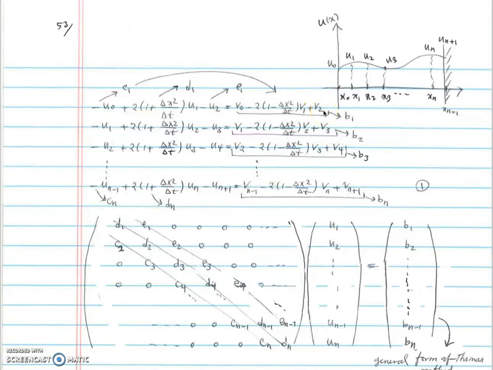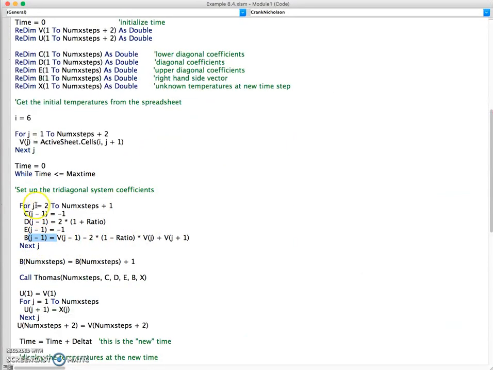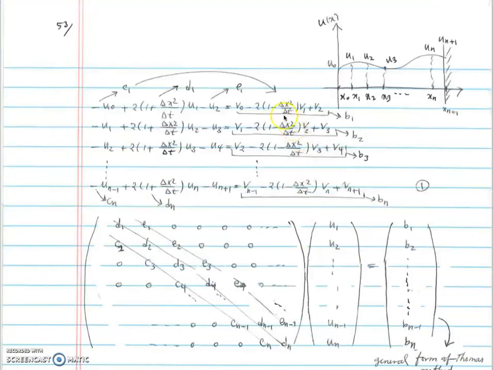Okay, I again incremented indices by 1. So let's look at here. When j is 2, the first index, then you get b1 equals v1 minus 2 times 1 minus ratio v2 plus v3. And this is exactly equal to this line, v0 minus 2 times 1 minus ratio v1 plus v2.